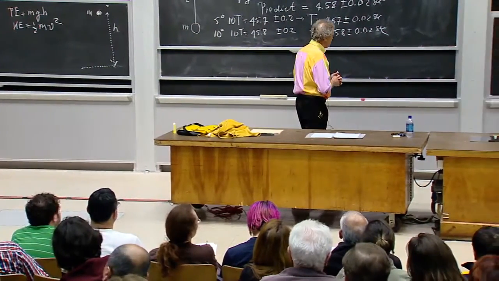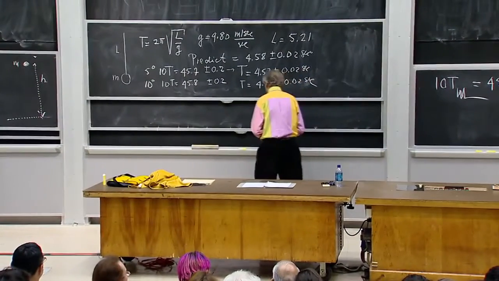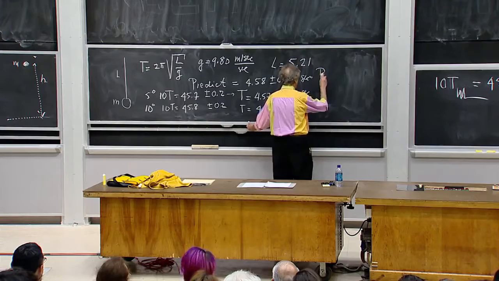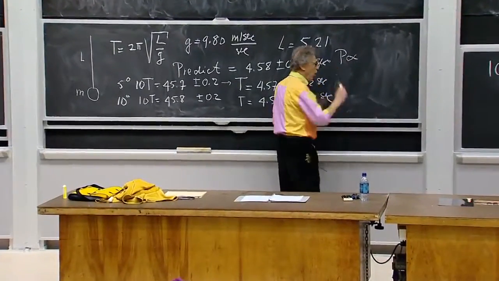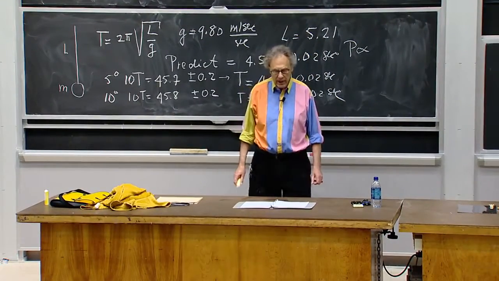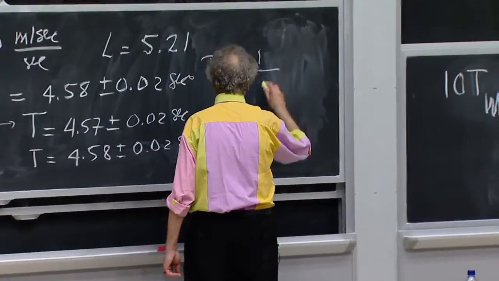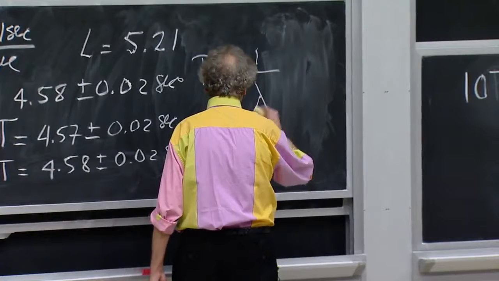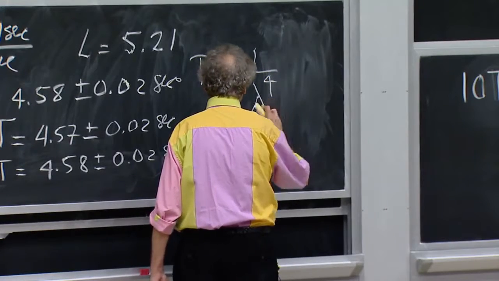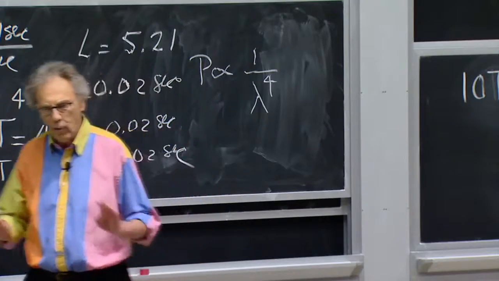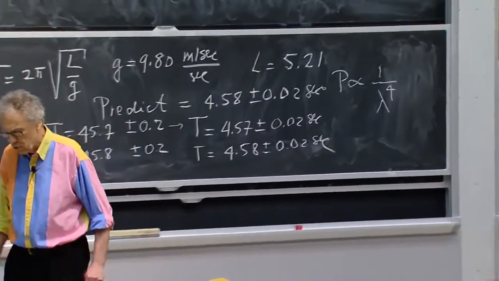The power of scattering, so I'll call that P, the power, is proportional, when we have Rayleigh scattering, and this is the only equation that may bother you, to 1 over lambda to the 4th, and lambda is the wavelength of light. I will not bother you with telling you what the wavelength of light is, that may confuse you.